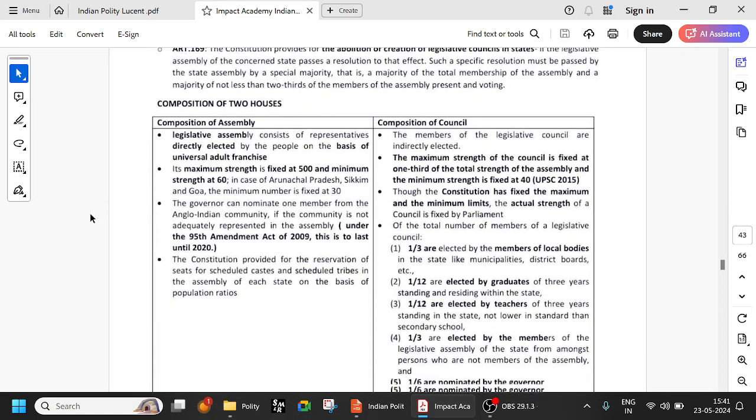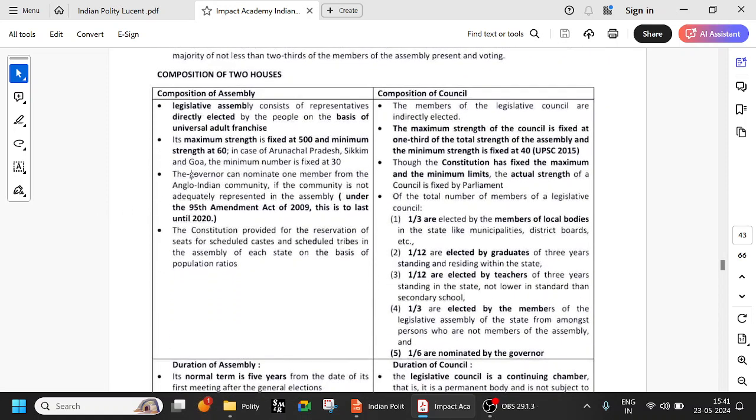If you look at the composition of the two houses, assembly and council, the legislative assembly consists of representatives directly elected by the people on the basis of universal adult franchise. So there is direct election. To become an MLA, you are elected directly. But if you want to become an MLC, you are not elected directly.